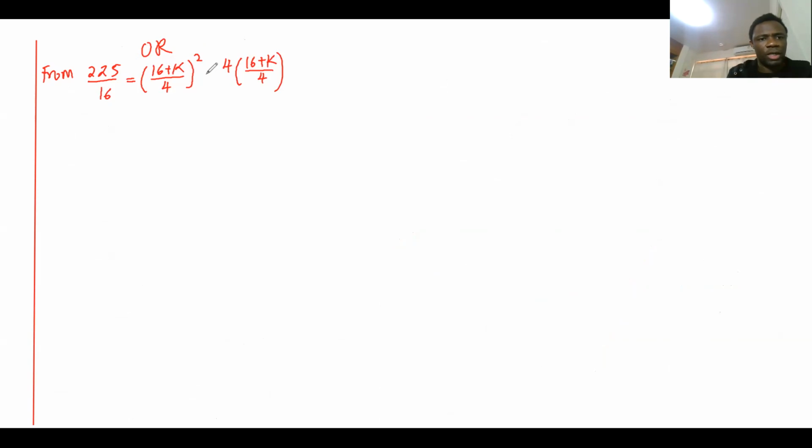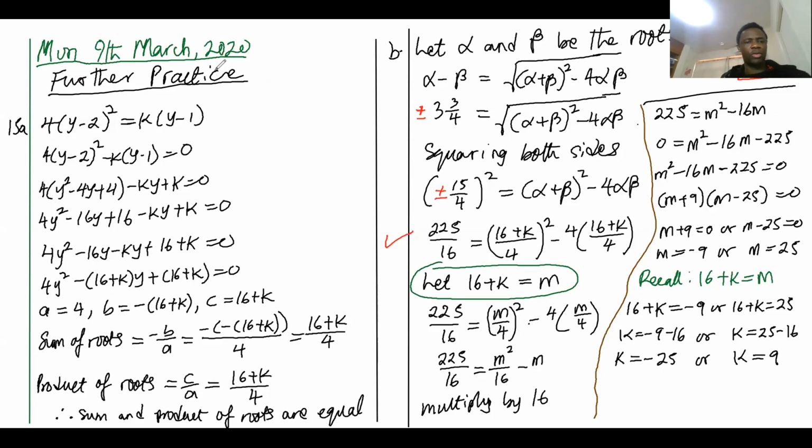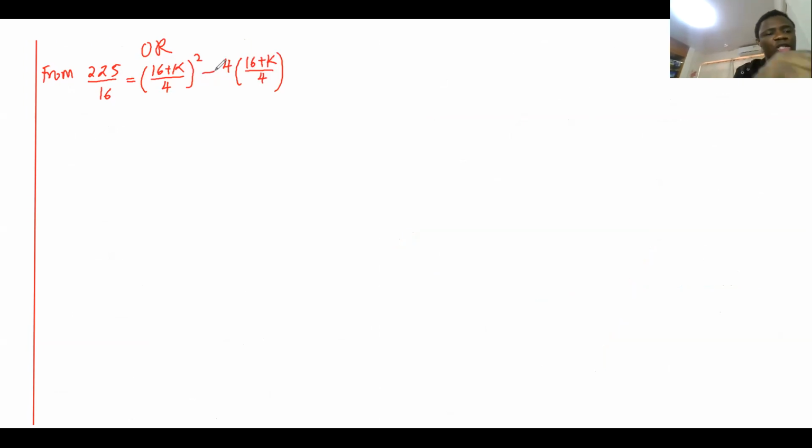You always want to check. Okay, that's what we have. So from here, we can do full expansion. 225 over 16. I don't want to mess up stuff, so I'm going to just expand the denominator and leave this for now until I'm able to clear the fraction.